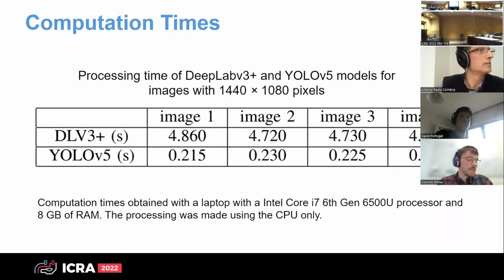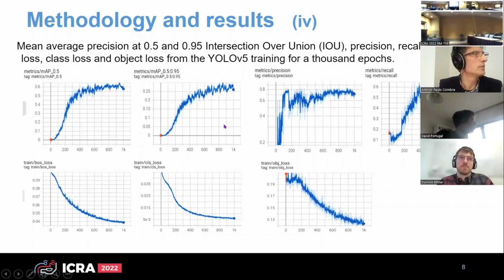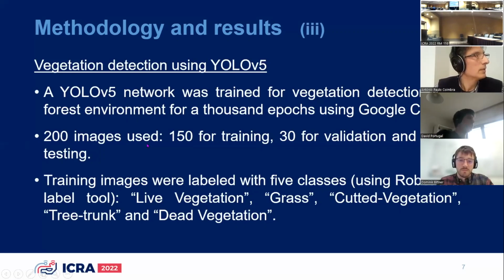So with the YOLO V5 model, we have used the 200 images. We can increase this data set, yes. Namely to use images from other forests, not only this one.